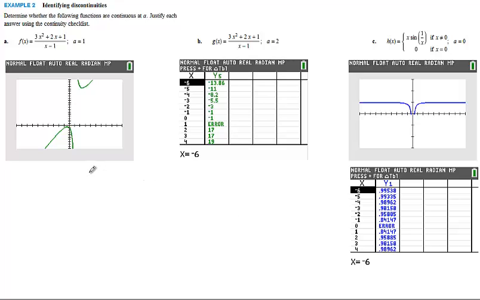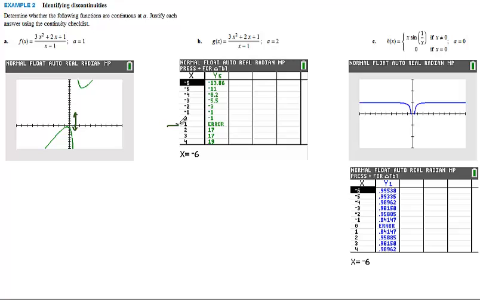For example 2, I wanted to look at the graph and the tables for all of these so that I can get a better idea of what's going on. In example A, they want to know, is this function continuous at x equal to 1? I can see that it is not. Let's state why.